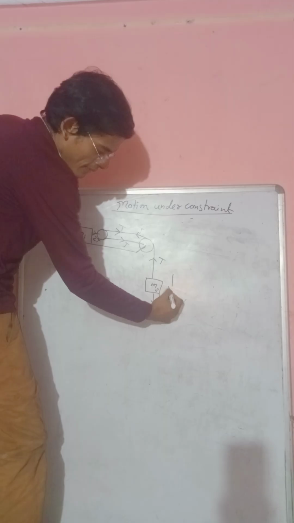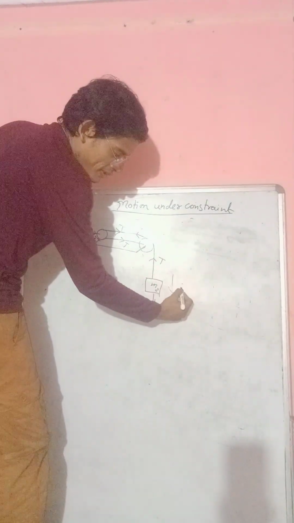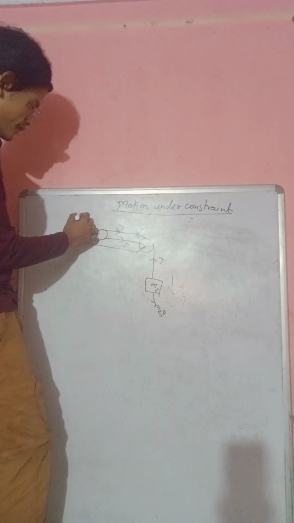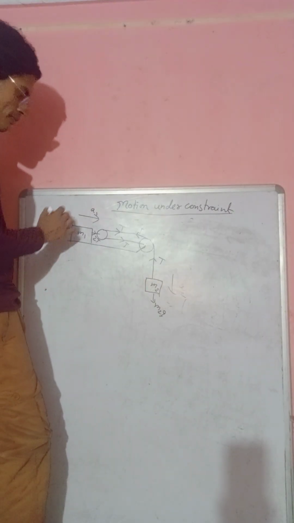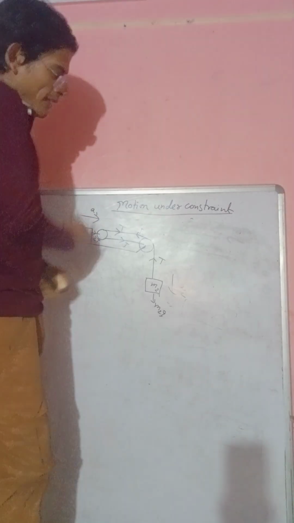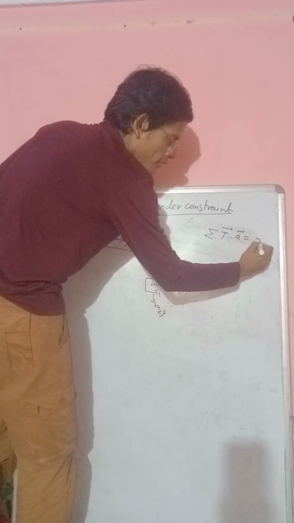Now if this mass is in the downward direction, the accelerations are A1, A2. Let's consider A1 is the acceleration for the mass M1 moving in this direction. Okay, let's see. Now we have the formula T dot A is equal to 0.